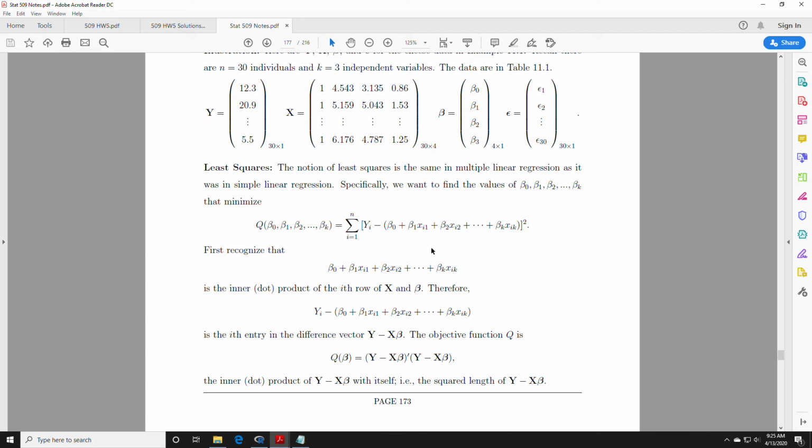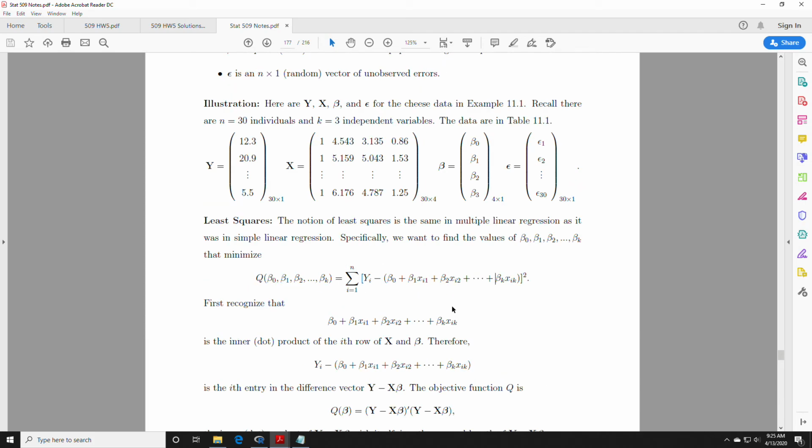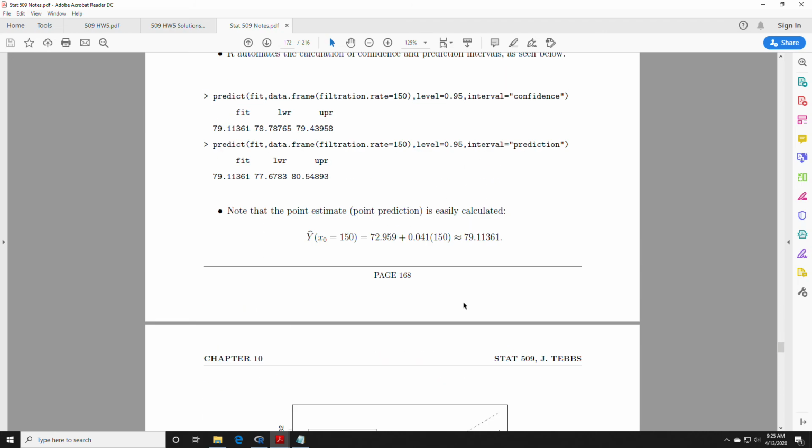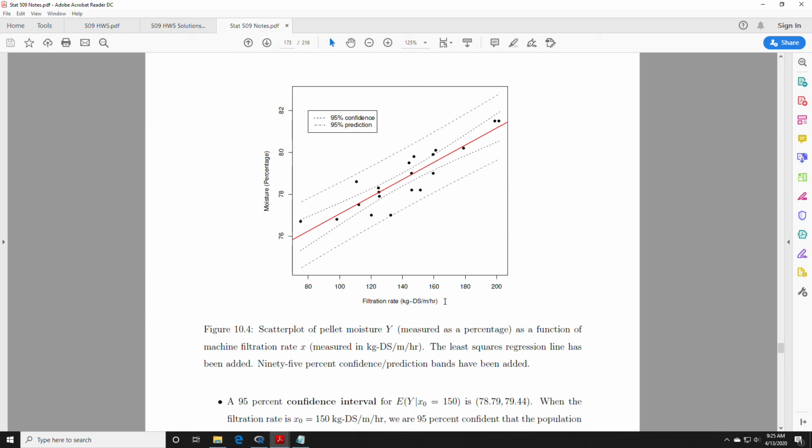I guess one unfortunate thing when we have multiple variables is we no longer have the nice graph. Before, we had X, we had Y, we had a scatter plot for X and Y, and then we could fit our regression line through the set of points, okay?